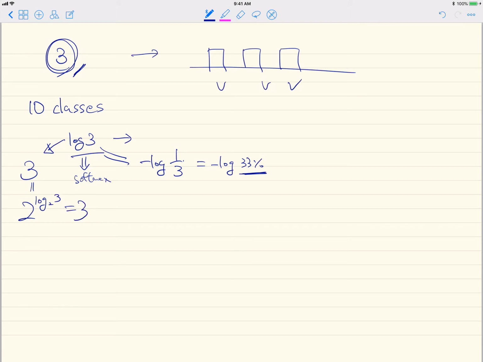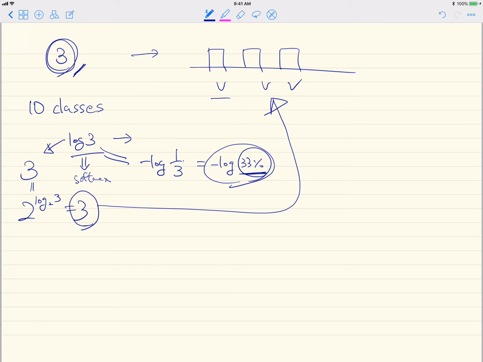And so, yeah, if your loss value was this, or if your perplexity corresponding to that situation was 3, it means roughly your ground truth class had 33% of the probability, which means that your model is doing a random guess among the 3 possible classes.